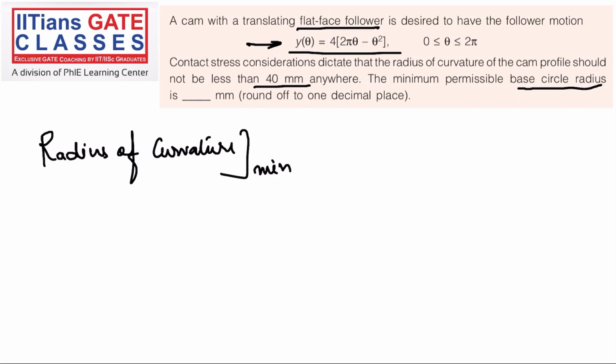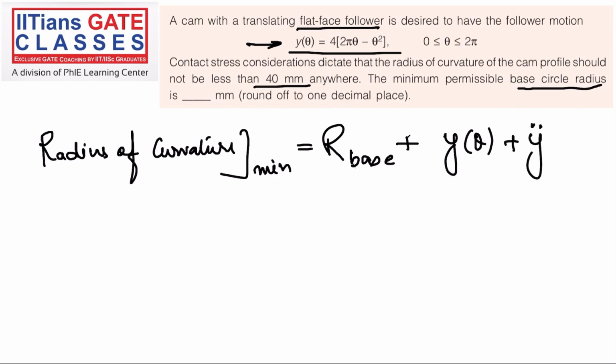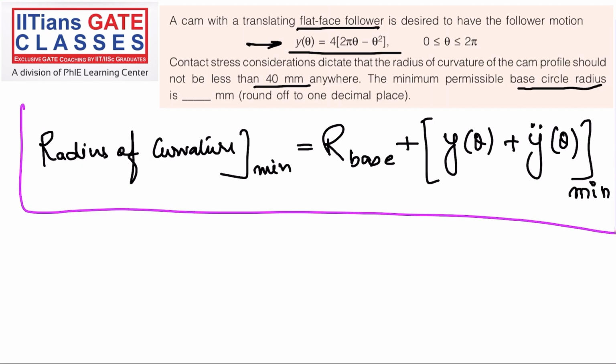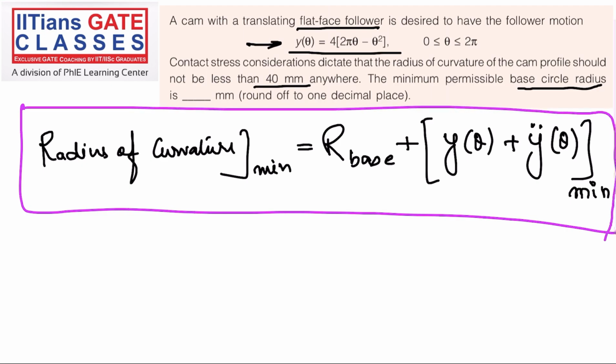The minimum value of radius of curvature is equal to base circle radius plus y theta, that is the follower motion, plus y double dash theta, the minimum of this. This is a very important equation that needs to be remembered. If you remember this equation, you'll have no problem in answering this question, and in future also you'll very easily be able to answer such questions.